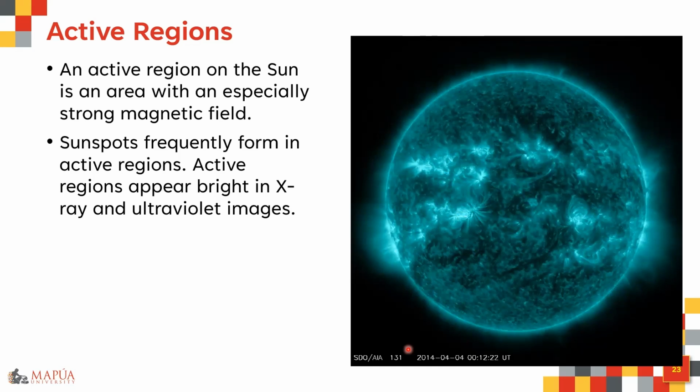By knowing how the different features of the sun emit light, we can observe them by setting different sensors. For example, if you use 131 angstrom, we can observe these active regions more closely, and we can actually observe solar flares using these wavelengths.